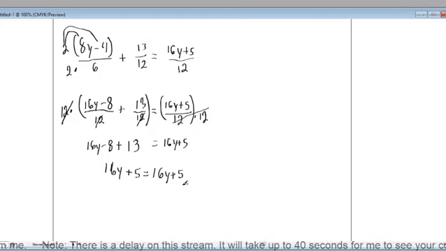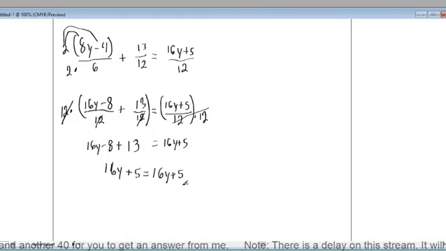Remember, we have three types of equations: conditional equations, identities, and contradictions. Well, here we have 16y plus 5 equals 16y plus 5. Those are the exact same things. It makes sense for them to be exactly equal. They are the exact same things.